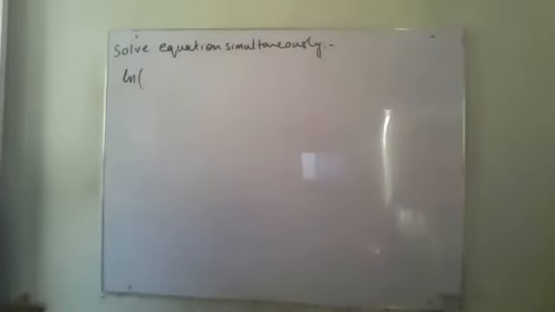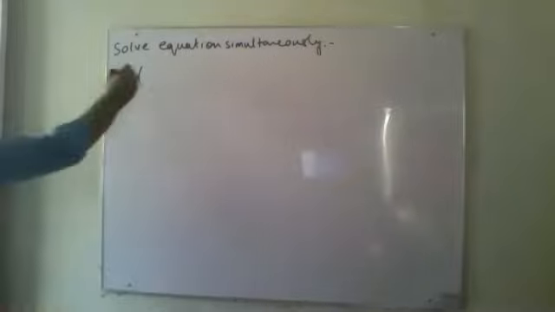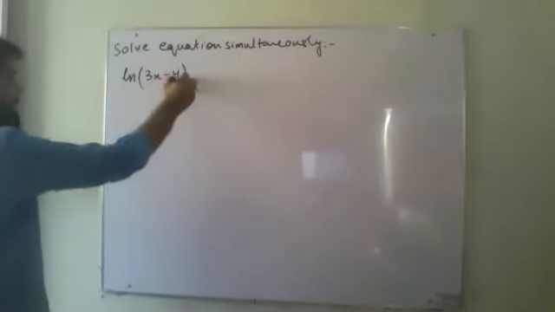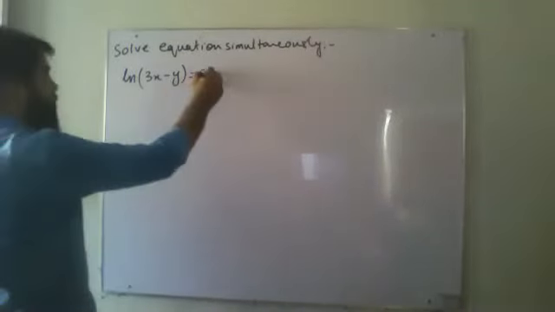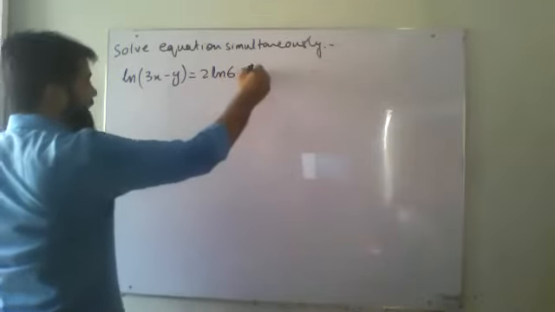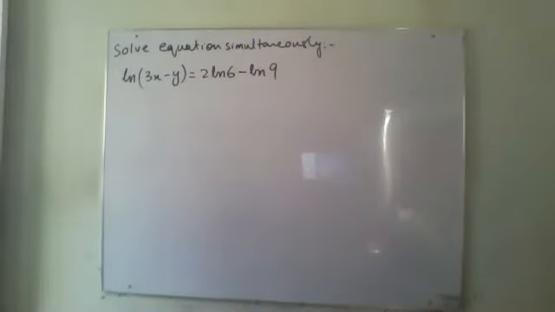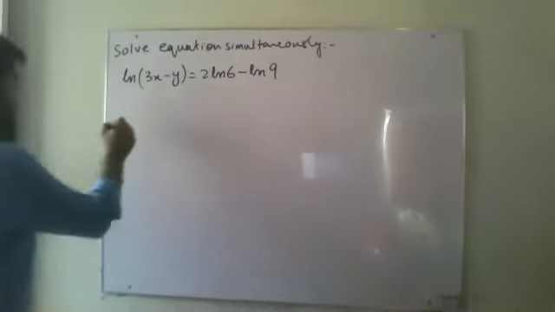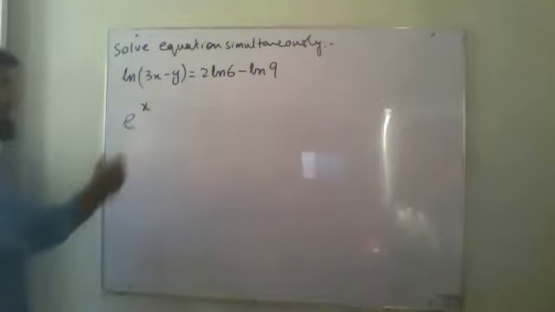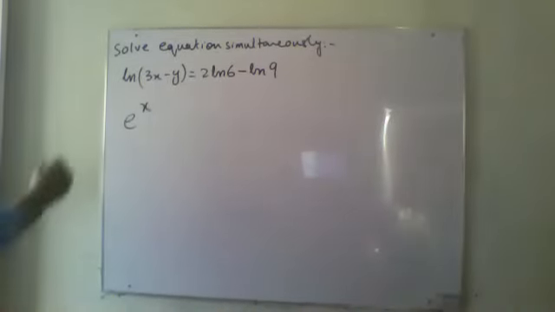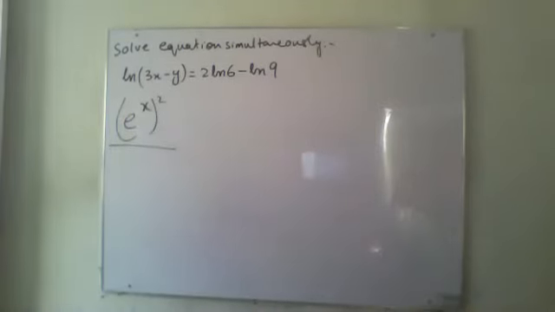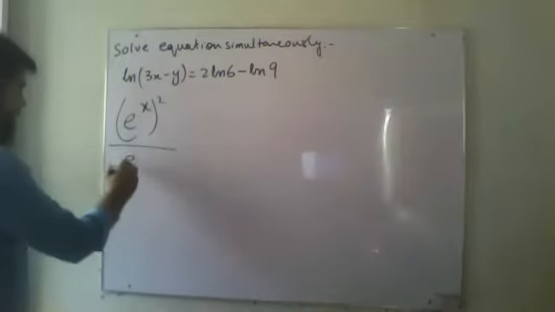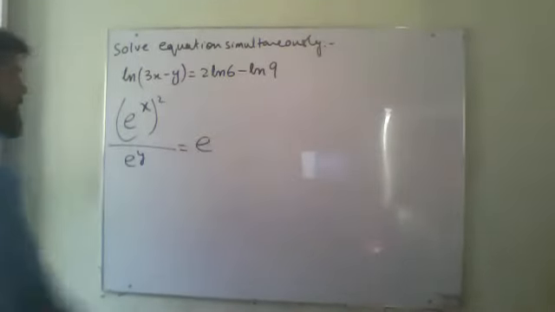ln 3x minus y equals to 2 ln 6 minus ln 9. Okay. And the next thing which they are giving me is that e x whole square over e power y equals to e.